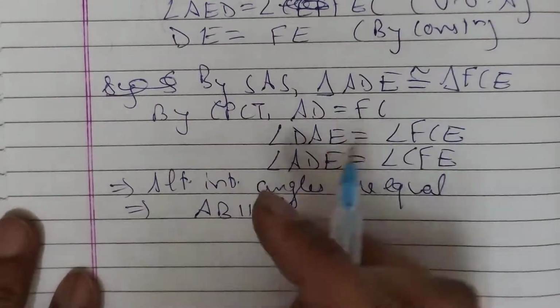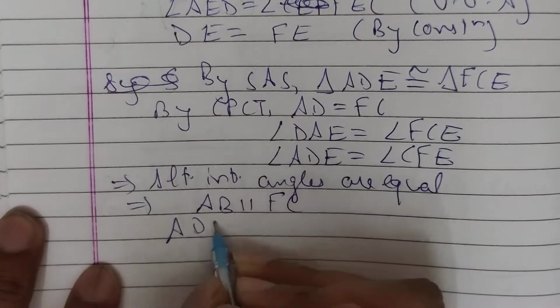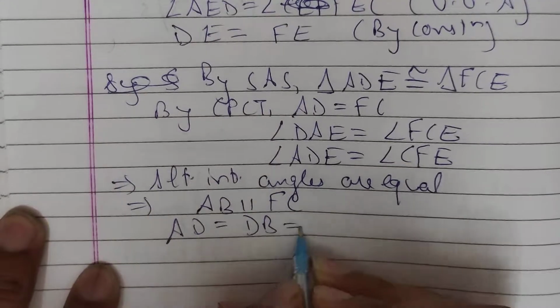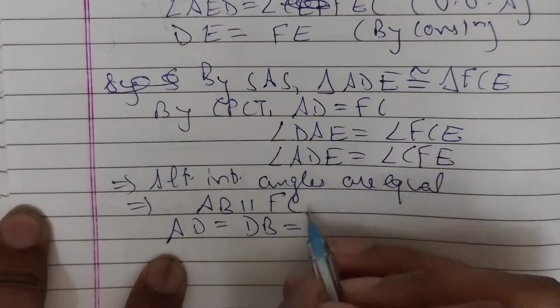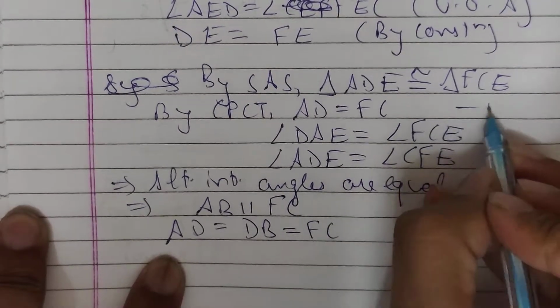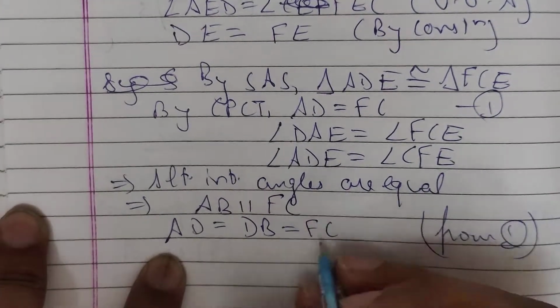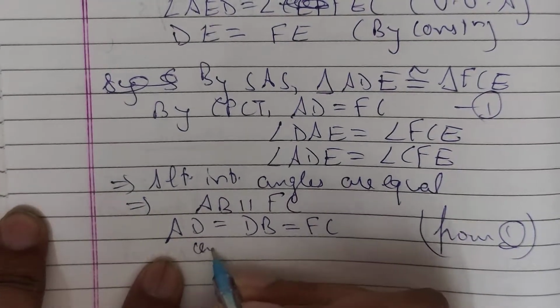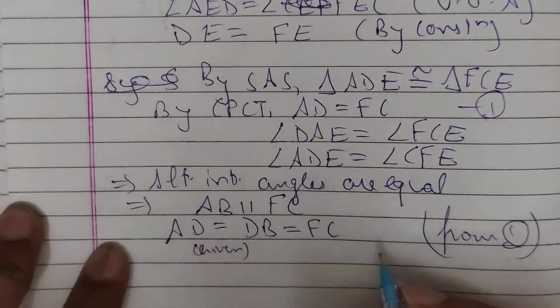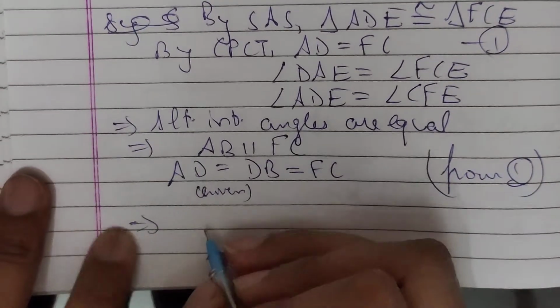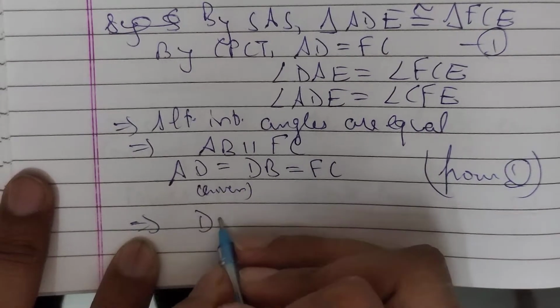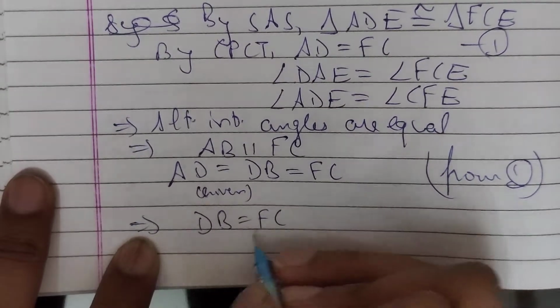Now we have AD is equal to DB, it is given, and AD is equal to FC from before. So this implies DB is equal to FC.